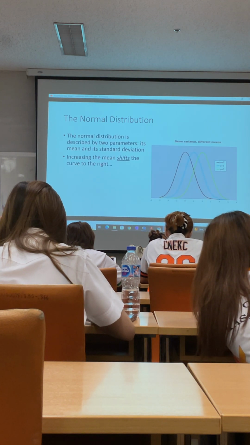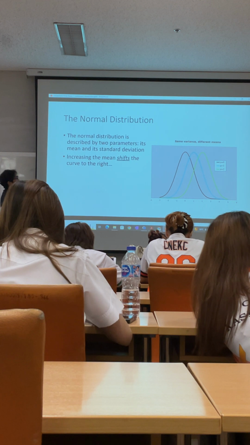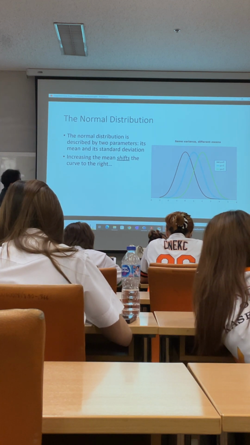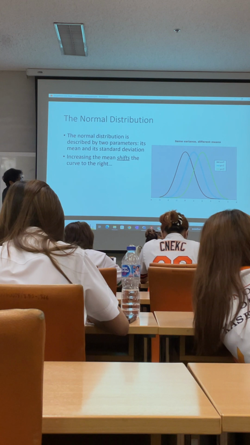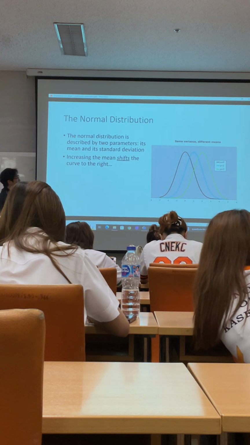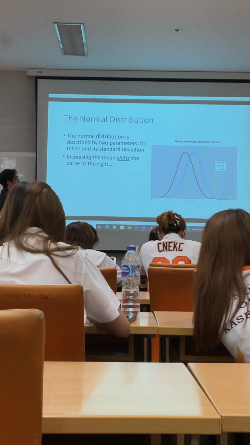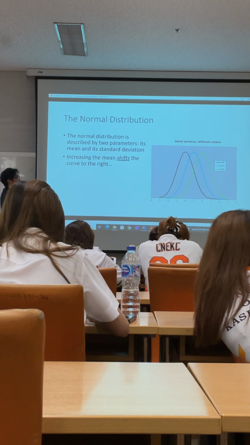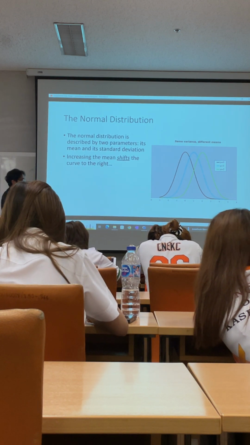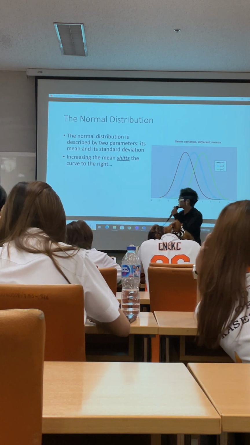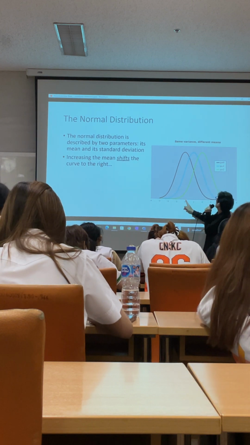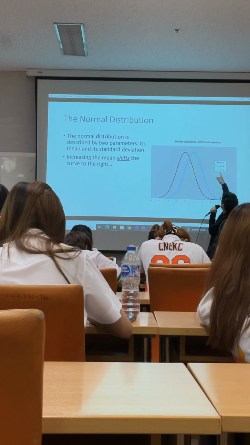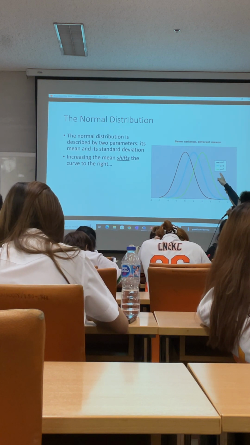Okay, so the first parameter that we focus on is the mean, right? What is the mean? The mean tells you where the middle of the distribution is, and if you move the mean, you move the distribution left or right. As you can see here, the black line is when mean is 0, the blue is mean is 1, and the green line is when mean is 2.